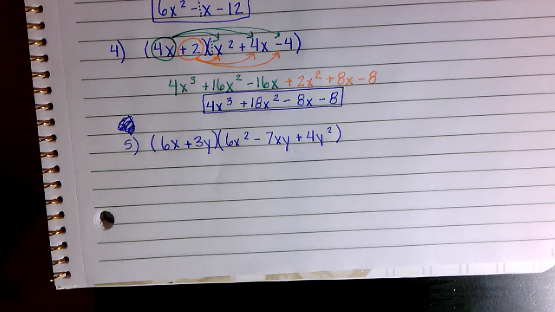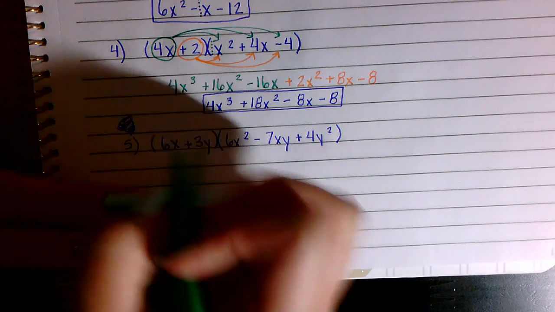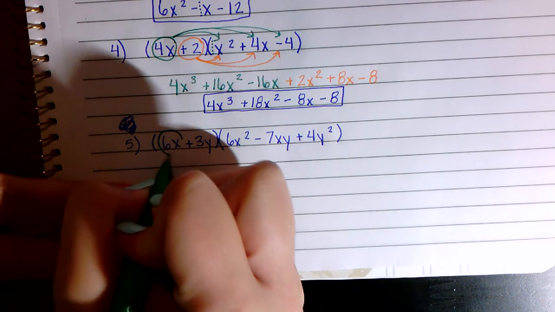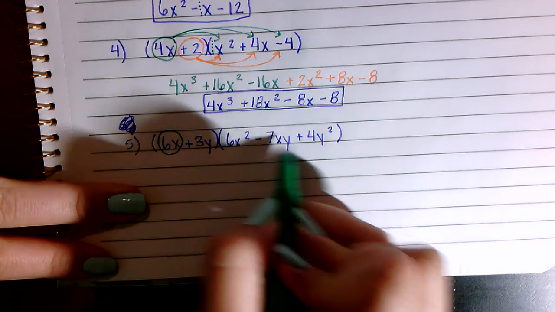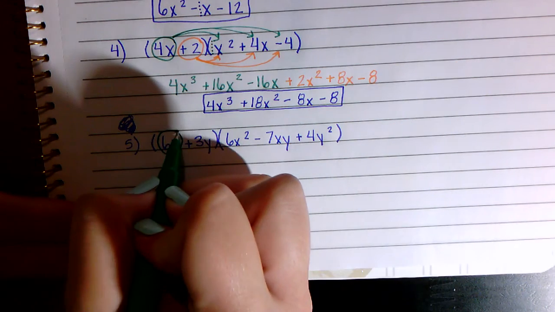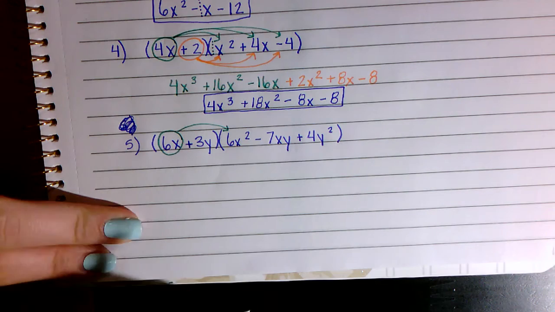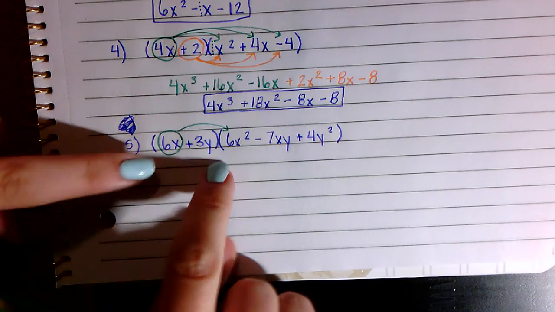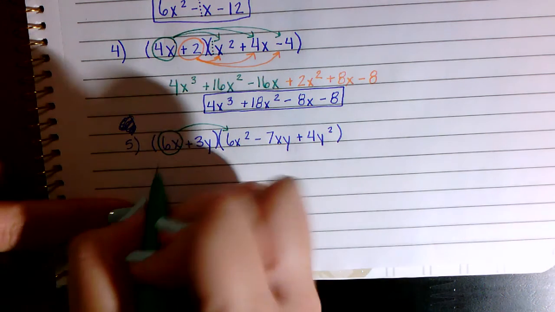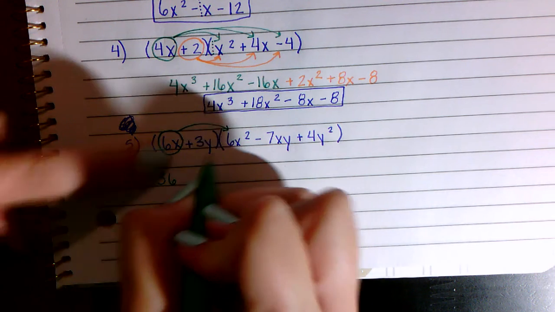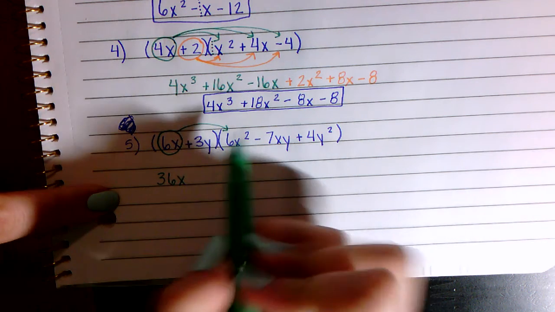Woo! Okay, so we can do it. So let's take this first term and multiply it to everything back here. We're just going to distribute one at a time. So what is 6x times 6x squared? Well, multiply your coefficients. 6 times 6 is 36. Bring down that variable and add your exponents.